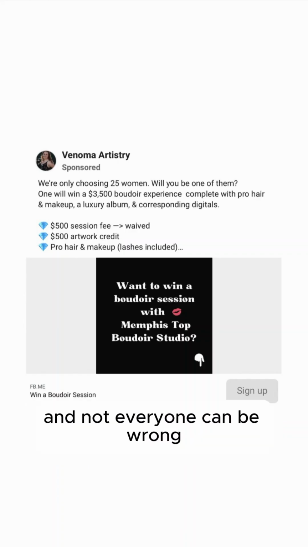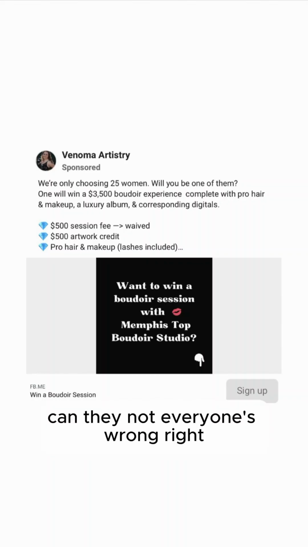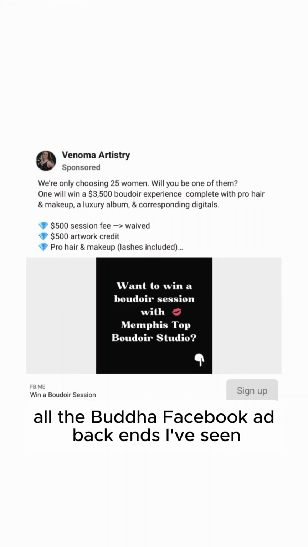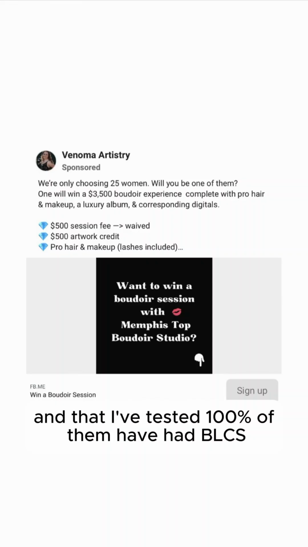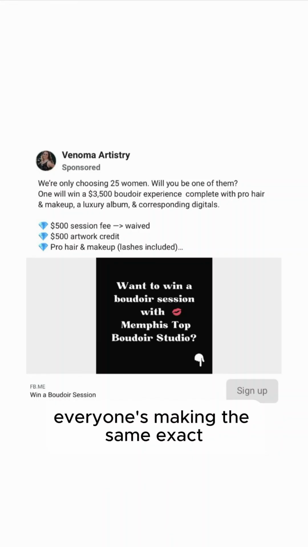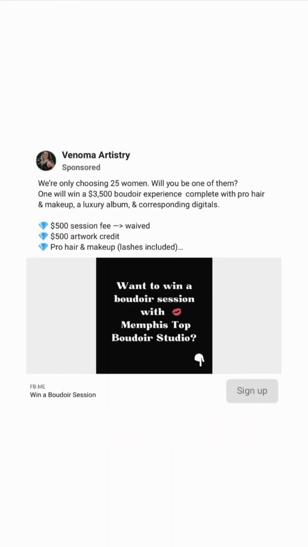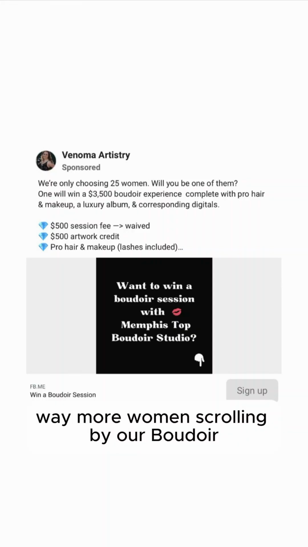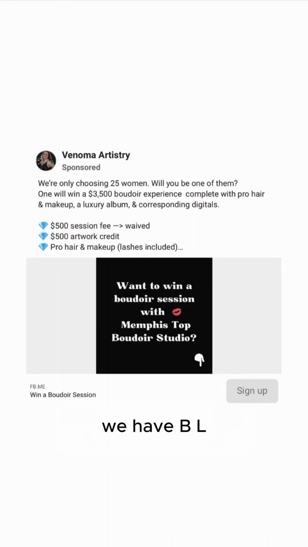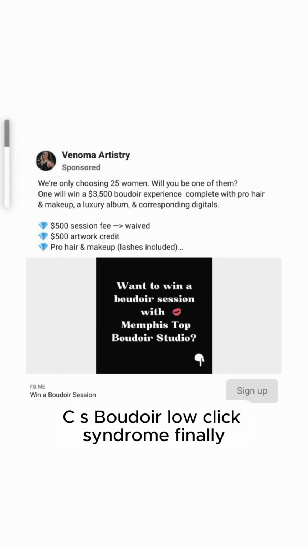They look like ads as well, and not everyone can be wrong, can they? Not everyone's wrong, right? But in all the boudoir Facebook ad backends I've seen and tested, 100% of them have had BLCS, boudoir low-click syndrome, because everyone's making the same exact mistakes as everyone else. So the consequence of this is way more women scrolling by our boudoir Facebook ad than necessary, pulling our unique CTR under 6%, and increasing the probability we have BLCS, boudoir low-click syndrome.